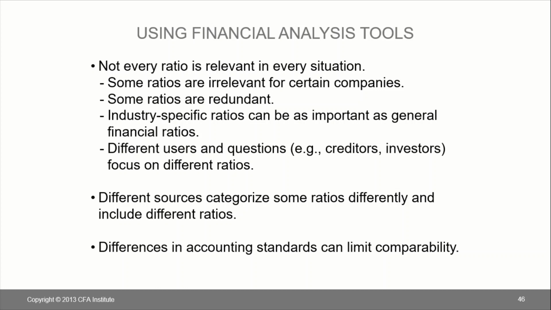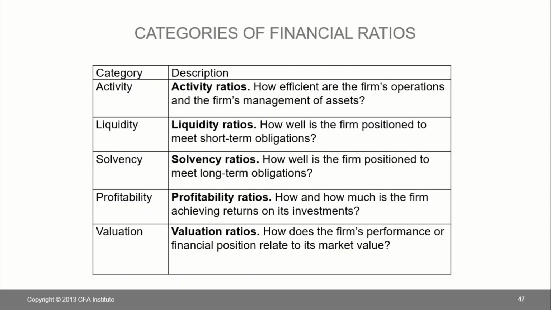Even here in the Philippines, the way that firms prepare their financial reports is not standardized, and different firms have a unique way of presenting their financial reports. Okay, so it limits the comparability. So you have to make sure that you also read the accounting standards before doing the comparison, to see if they follow the same accounting standards.